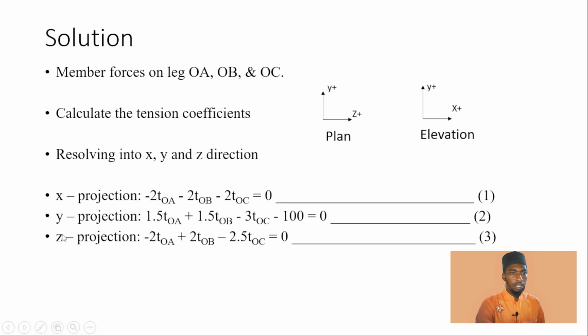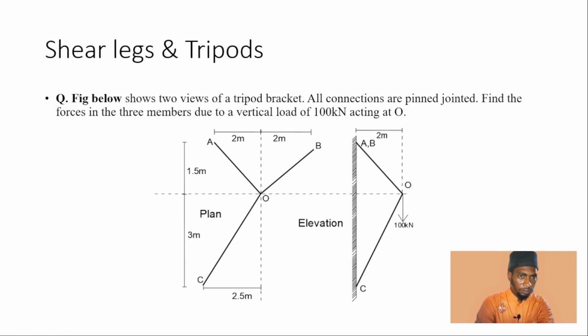So if you go back to the diagram again, since we know that we are starting with x projection and x is in the elevation, this is x, this is x, so this is the elevation, which means from O to A and O to B and O to C, they are in x direction.